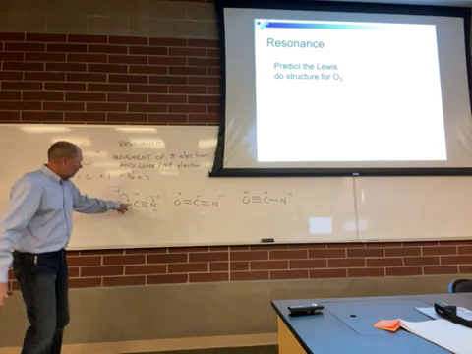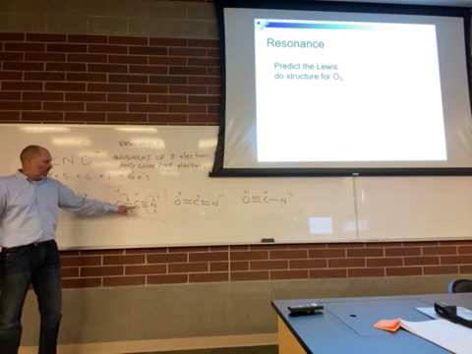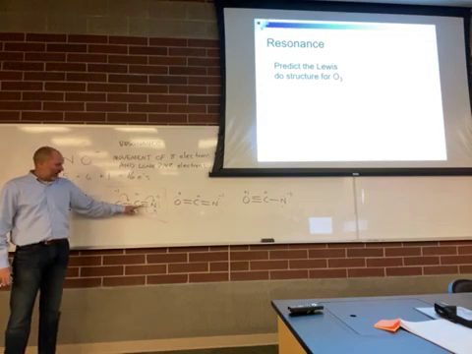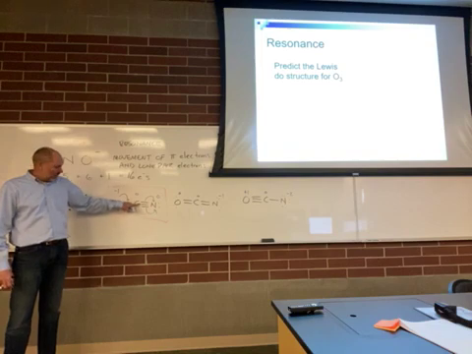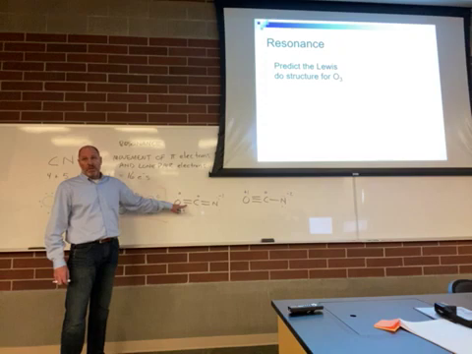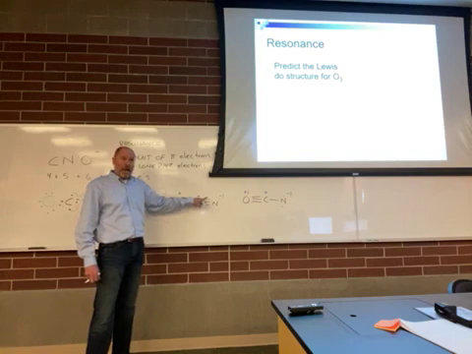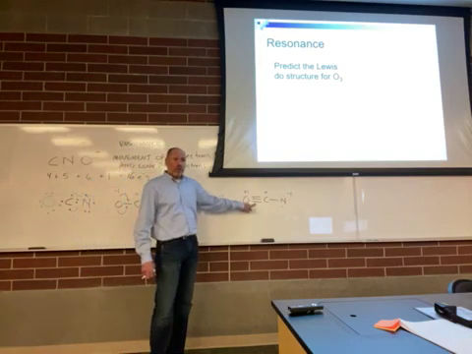This is a sigma bond. That's a single bond, sigma single. This is a triple bond. It has a sigma bond and 2 pi bonds. This is what we call a double bond. It has a sigma bond and 1 pi bond. This is a triple bond.